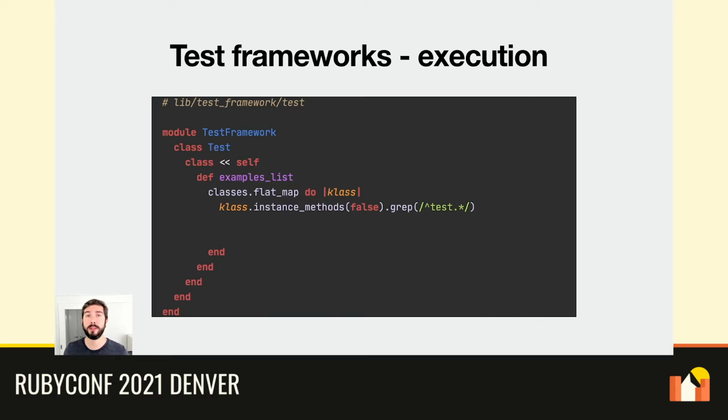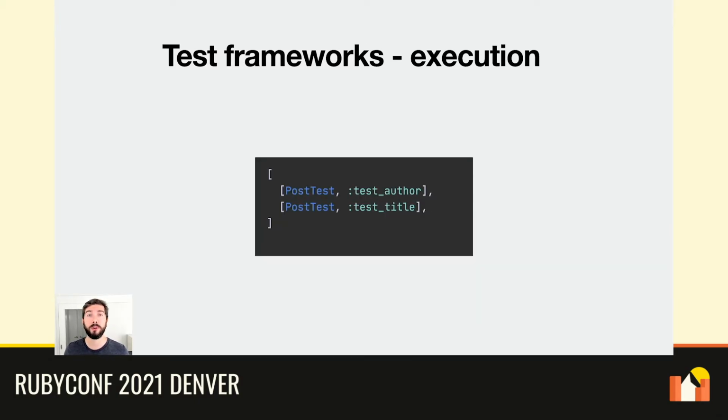If we have the list of tests that are defined, then we can remap it and return our tuples with the class and the test method, and we reach exactly the format that we were looking for. So this is enough for us to require the test files and get a list of classes and build our queue with each one of the individual examples.